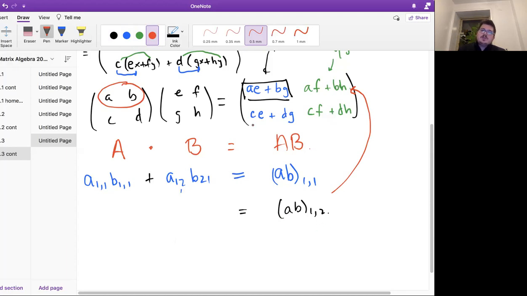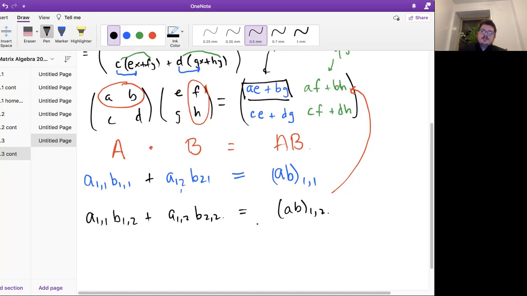And then what column do we look at? In the second, yeah. That's also because it's the second variable. So we take A11 times B12 plus A12 times B22.